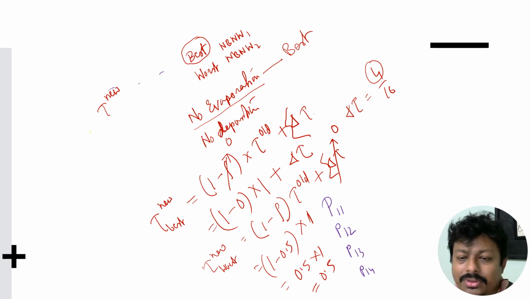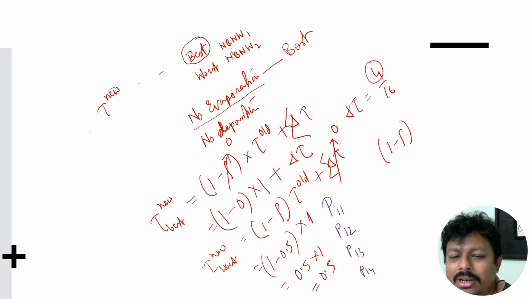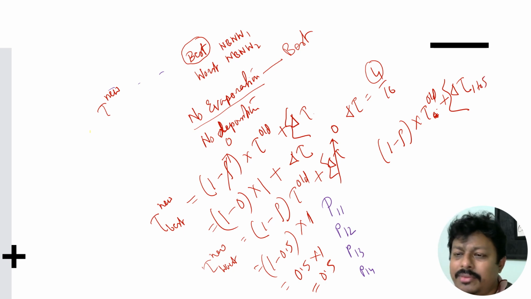Okay, so now for the other part, NB, NW1, NB, NW2, what will happen? The entire equation will stay: 1 minus rho multiplied by tau old plus del tau summation. This summation is for the ants. We have 1 to 5 ants, so 5 different terms.